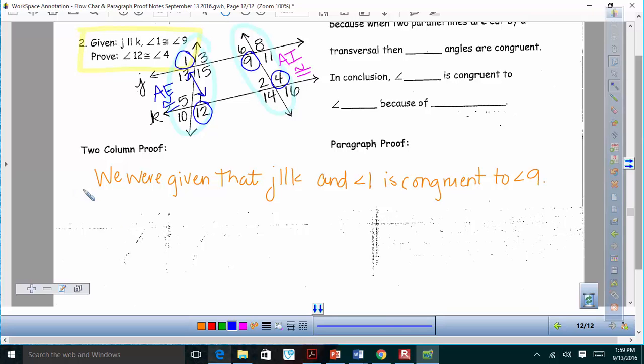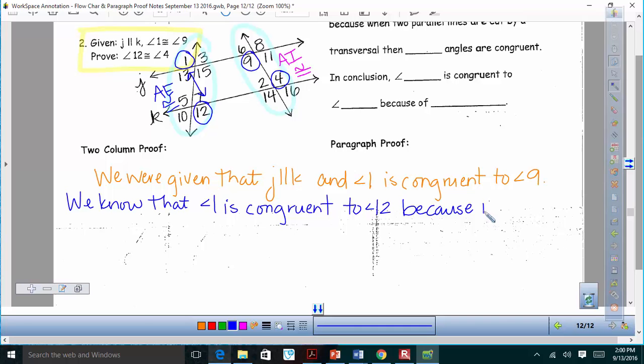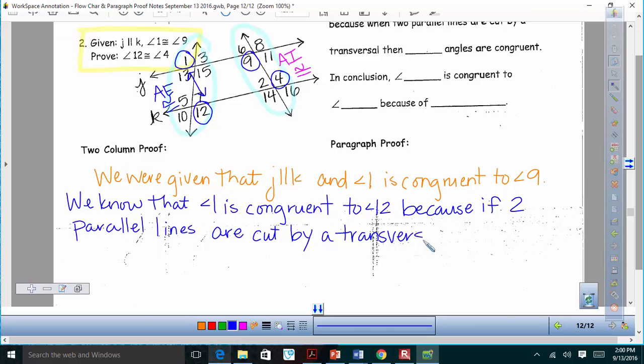So I know, or we know that angle 1 is congruent to angle 12 because if two parallel lines are cut by a transversal, then what type of angles are they?